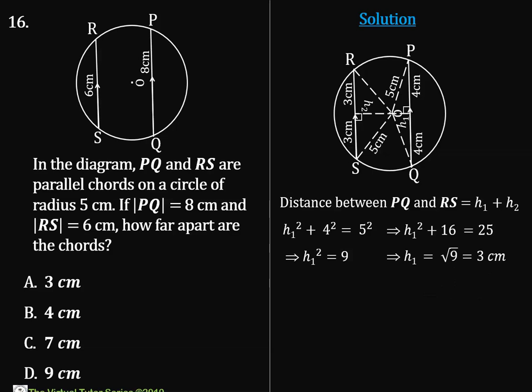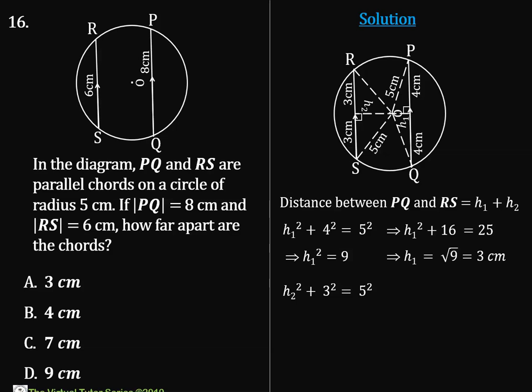Let's find the value of H2 using the same process. So we have H2 squared plus 3 squared is equal to 5 squared. 3 squared is 9 and 5 squared is 25.